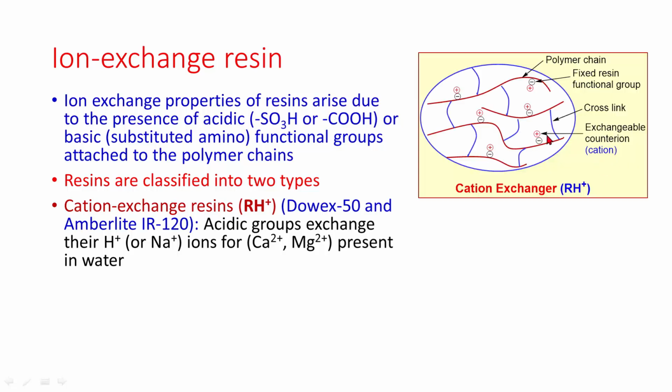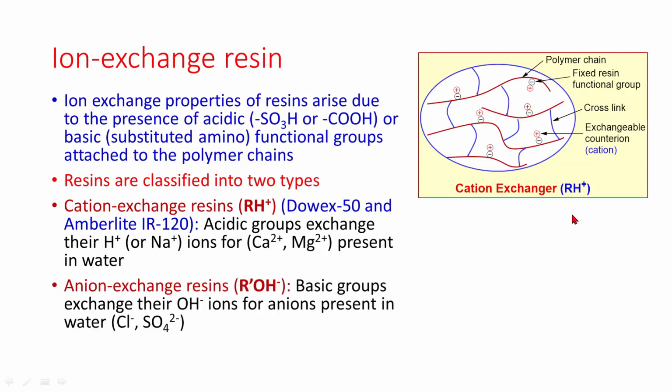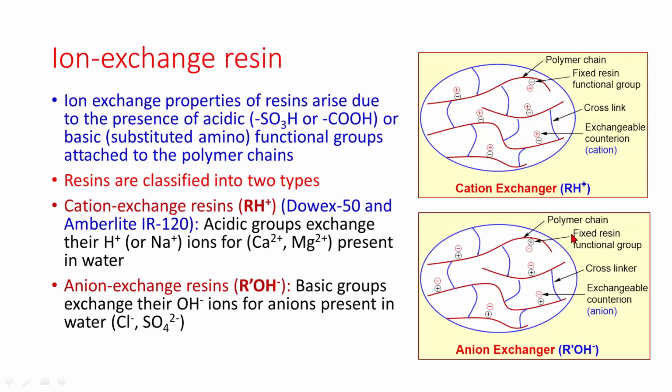The cations here are exchangeable, whereas in case of anion exchange resins, basic groups exchange their OH ions for anions present in water. In anion exchange, the anions can be exchanged.